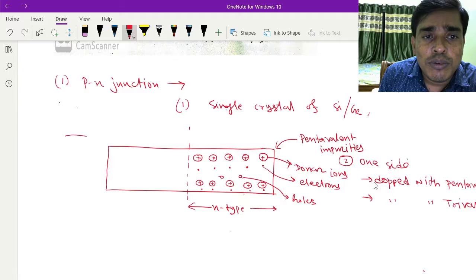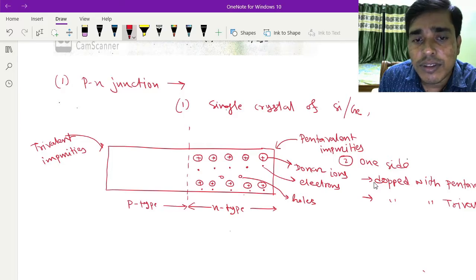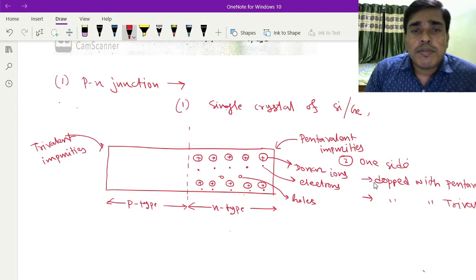If I dope with trivalent impurities, then this side will become a p-type semiconductor.